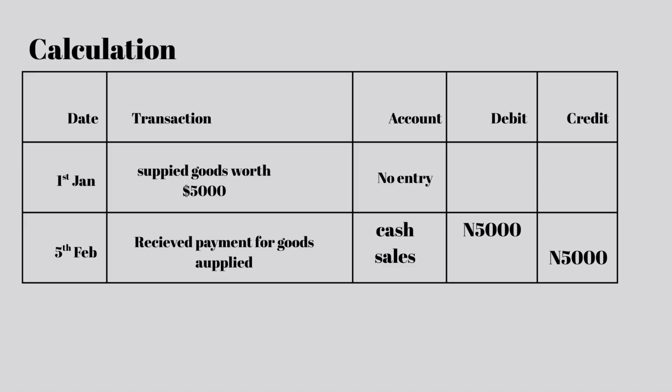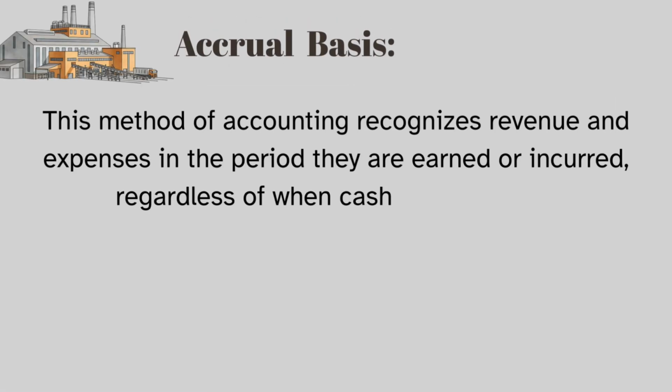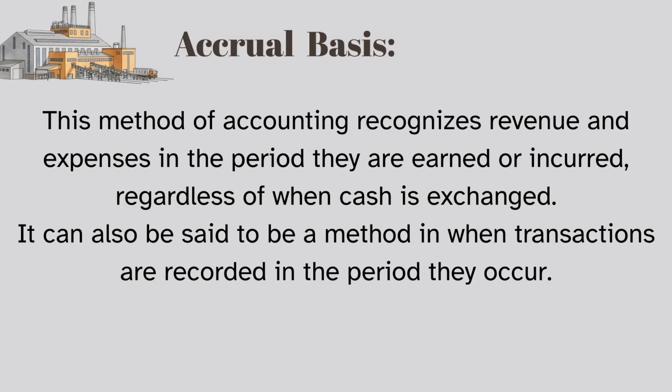Now let's move to the accrual basis of accounting. The accrual basis of accounting is a method of accounting which recognizes revenue and expenses in the period in which they are earned or incurred. So in accrual basis of accounting, unlike the cash basis, we actually recognize expenses and revenue regardless of whether cash is spent or not, whether we receive the cash or not.